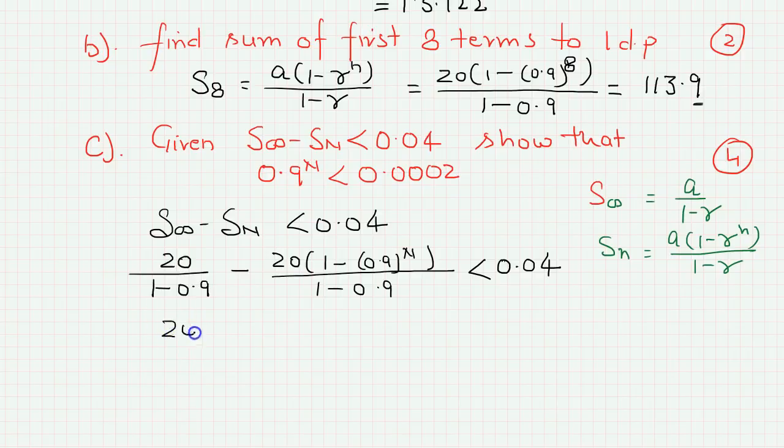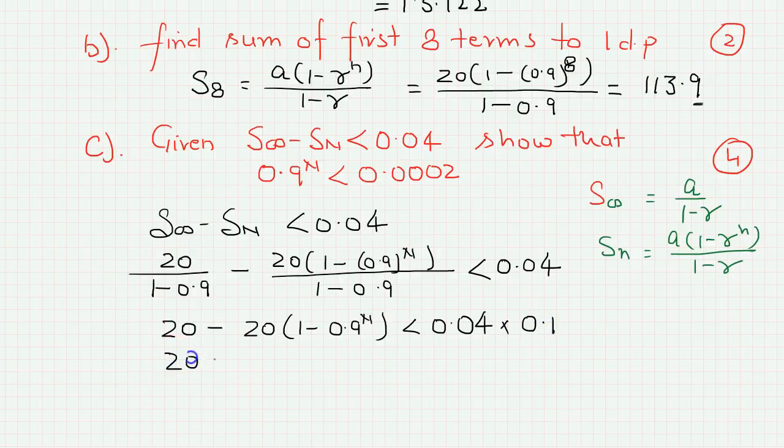That is 20 minus 20(1 - 0.9^n) less than 0.04 multiplied by 1 - 0.9, that is 0.1.